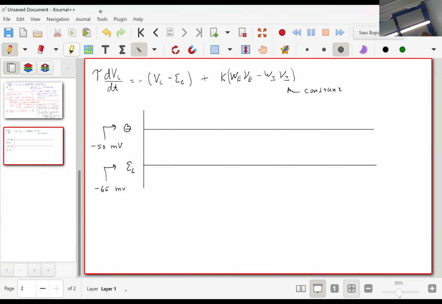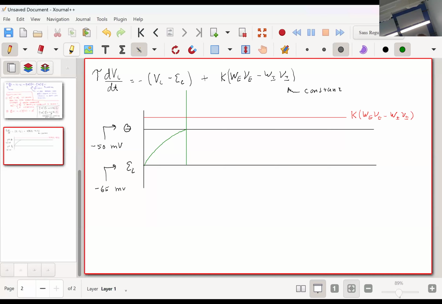Let's say that the K nu E was up there. So what happens is we start at leak, the membrane potential is pulled up, do this differential equation up to here, it gets to this point, it emits a spike and gets reset.